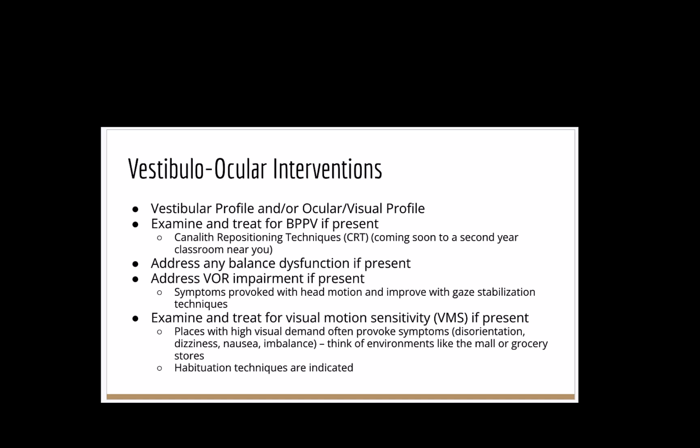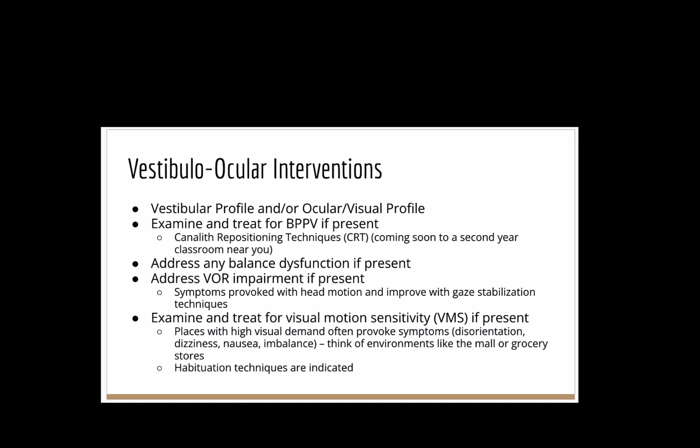Okay, so from a vestibular standpoint, one of the most important things that you're going to want to do for this patient population is to determine if they have BPPV. If they have an inner ear dysfunction going on, you can identify that and engage in canalith repositioning techniques to improve that.